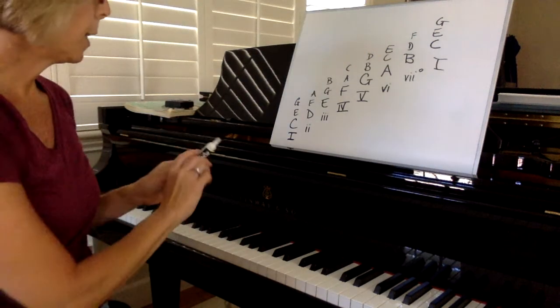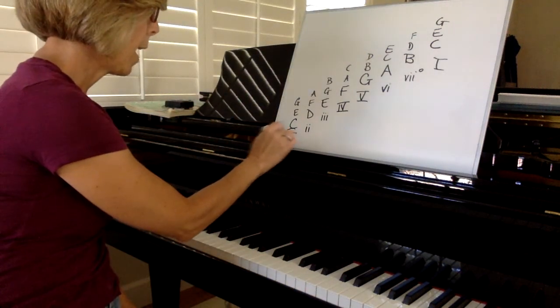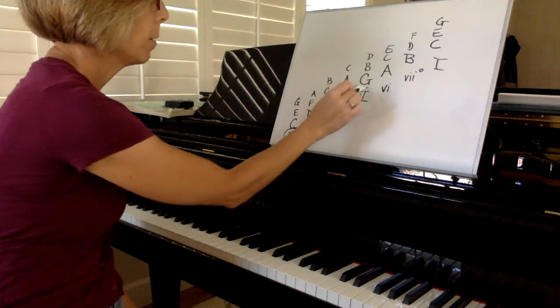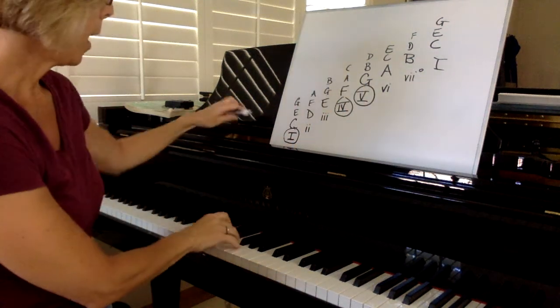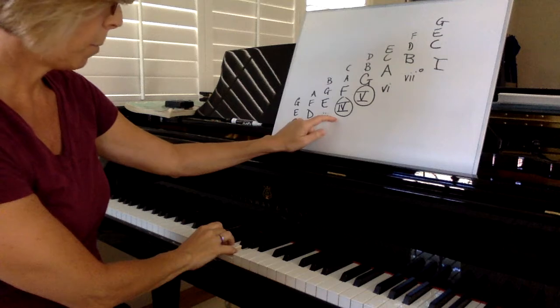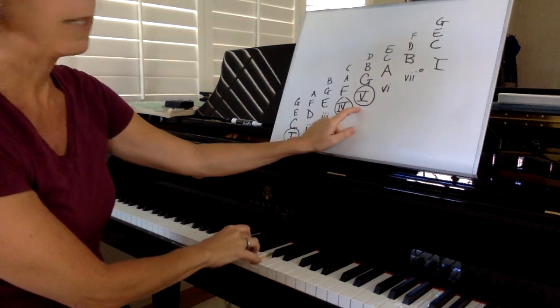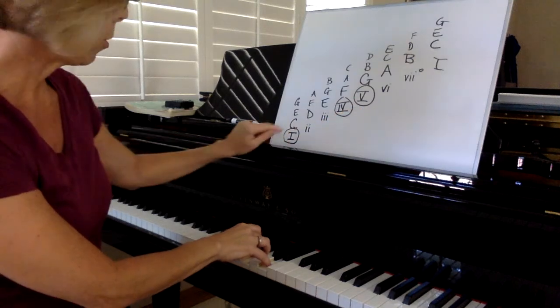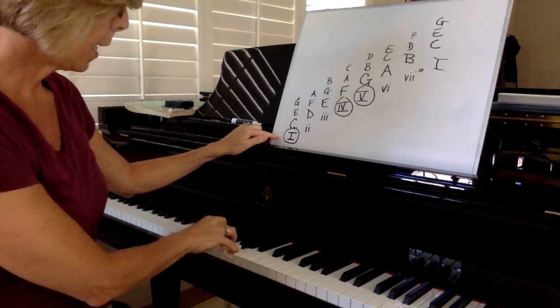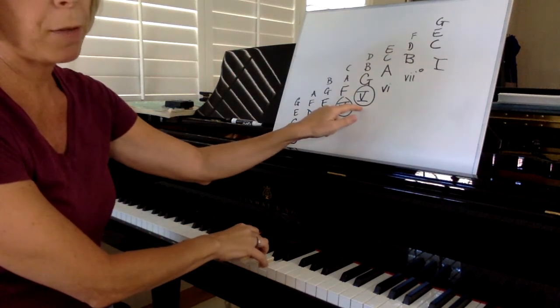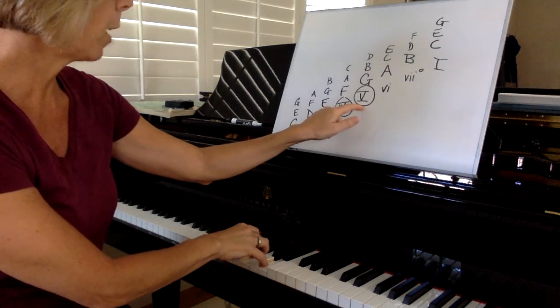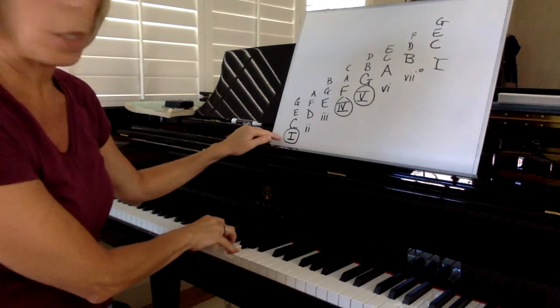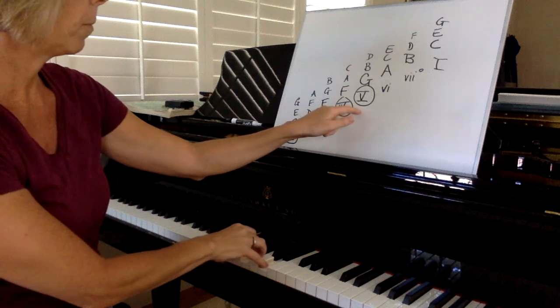Now, the three major triads within a major scale are tonic, subdominant, and dominant. These are what we call the primary triads. Tonic and dominant are the most prevalently used, the strongest harmonic relationship in music, tonic to dominant.